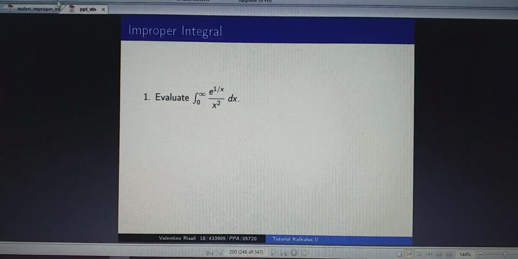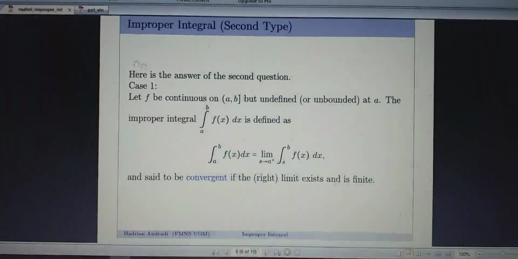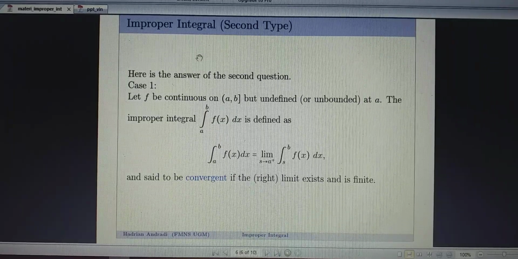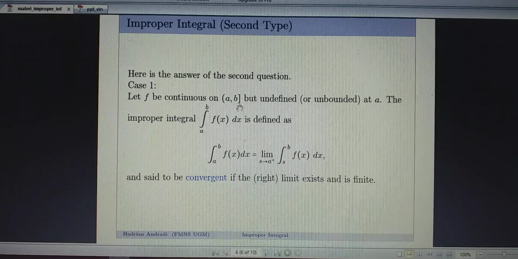So we recall again our definition of improper integral. Because the function is undefined at a, we use case 1. But in this case, b is a real number.